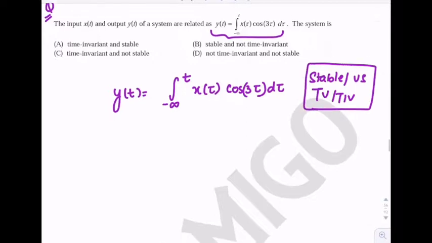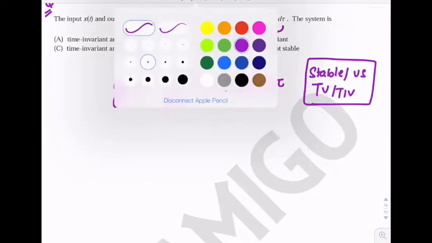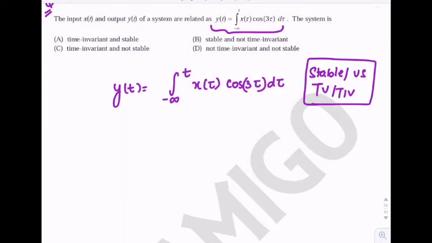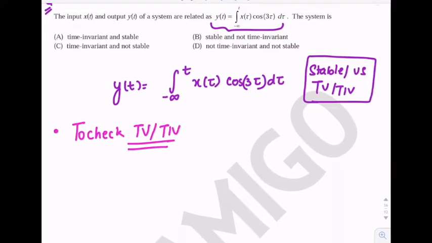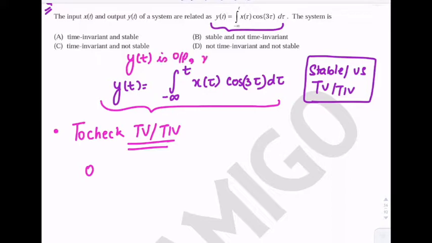Okay. So now first of all, let's solve for time variant and time invariant. We know the method to check whether the system is time variant or time invariant. Now, as we know, this is the relationship between output and input. y(t) is the output and x(t) is the input.